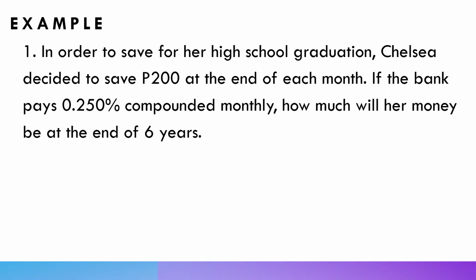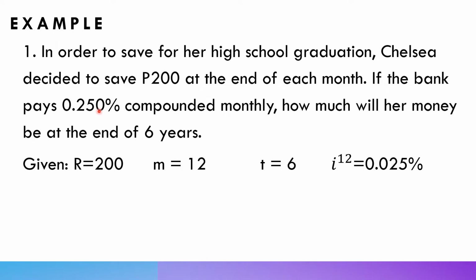So, example number 1. In order to save for her high school graduation, Chelsea decided to save 200 at the end of each month. If the bank pays 0.250% compounded monthly, how much will her money be at the end of 6 years? So, these are the given. R is equal to 200, m is equal to 12, t is equal to 6, and i raised to 12 is equal to 0.0025.